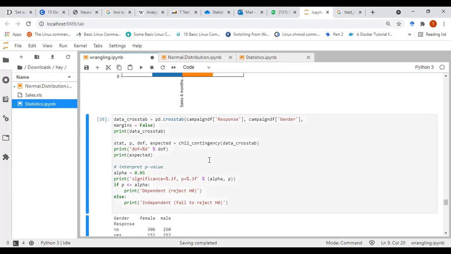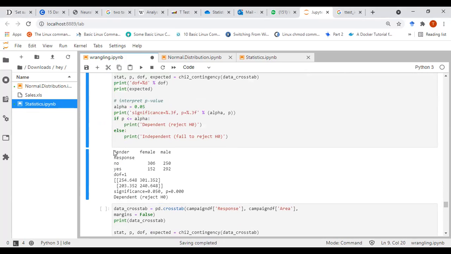So this is the contingency table. Let me just make it look good like this. The table was not printed properly, so it's much better now.